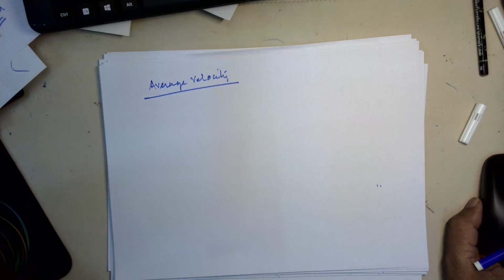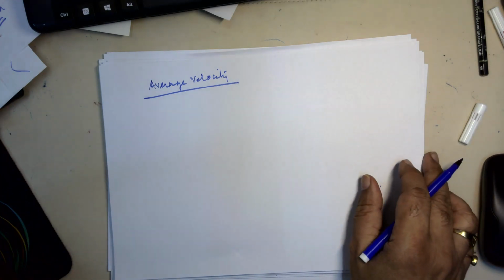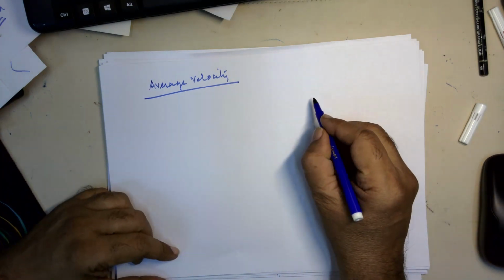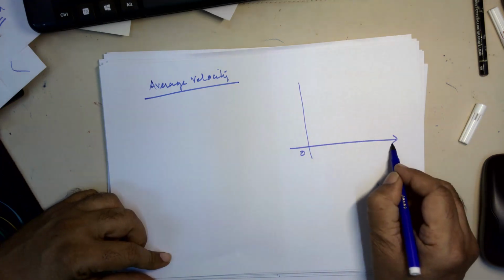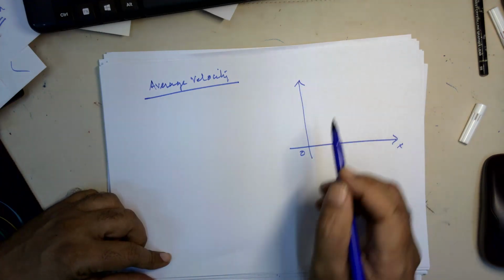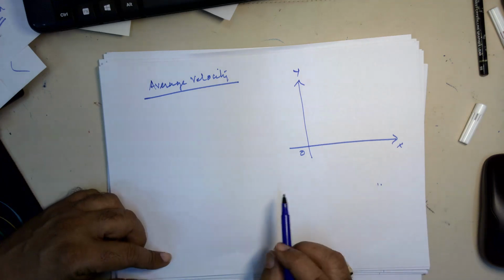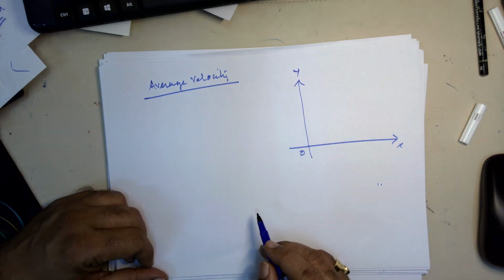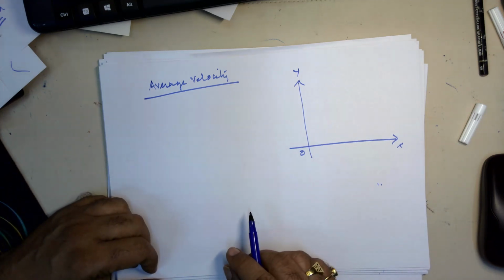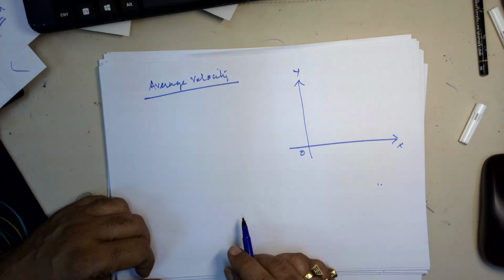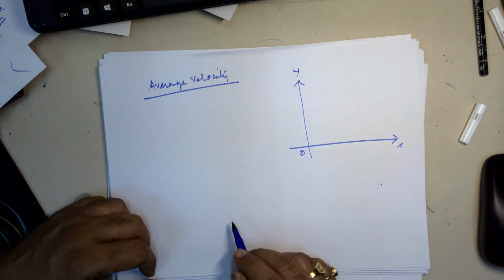And let us draw a plot. Y-axis, x-axis, origin. Draw this plot. And this is called the position time graph for displacement.